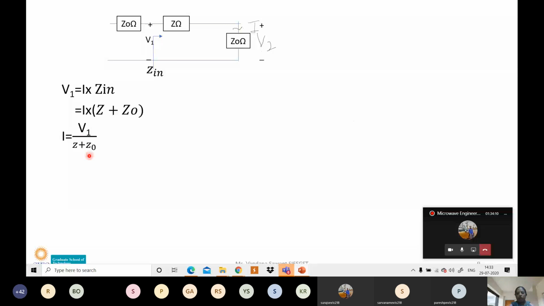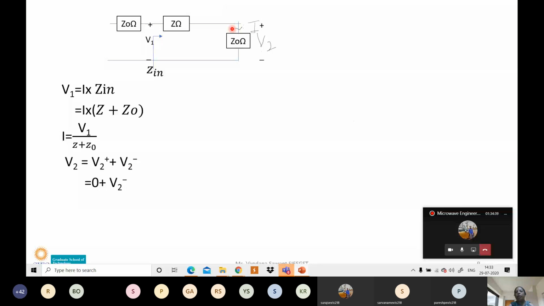So now next we have to write it for V2. V2 is equal to V2 plus and V2 minus. This is the equation for V2. But see, in this case we are not inputting from port number 2.